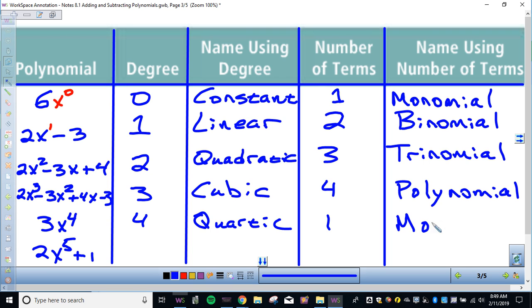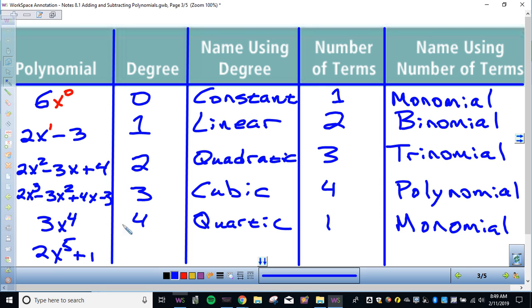Because after polynomial, anything, if there are 8,000 terms, it's still a polynomial. So 1 term monomial. So as far as names using terms, it's just monomial, binomial, trinomial, and poly. That's all you have to remember. As far as degree, if it's 0, it's constant, first degree linear, second degree quadratic, third degree cubic, fourth degree quartic. Question?